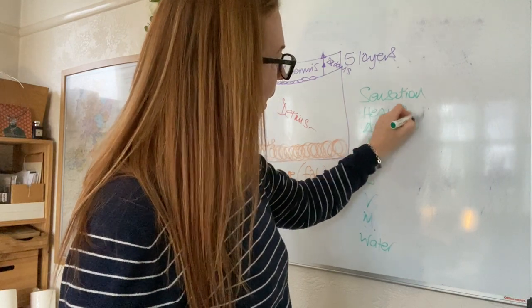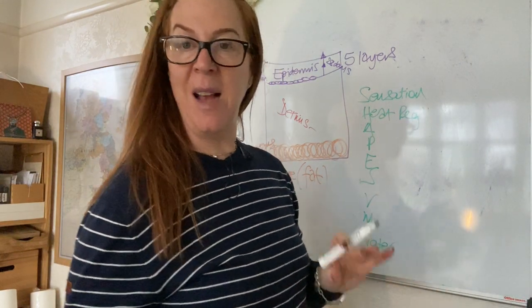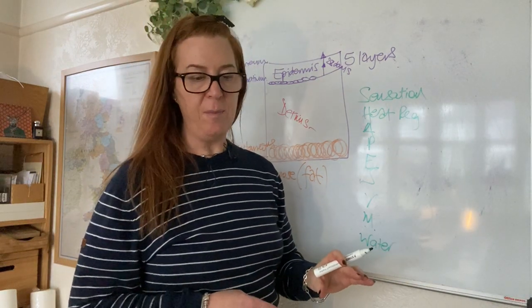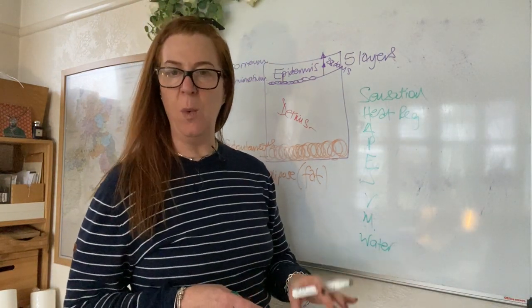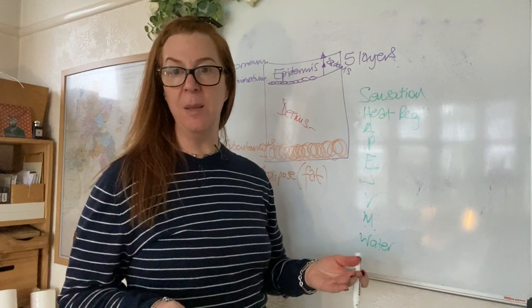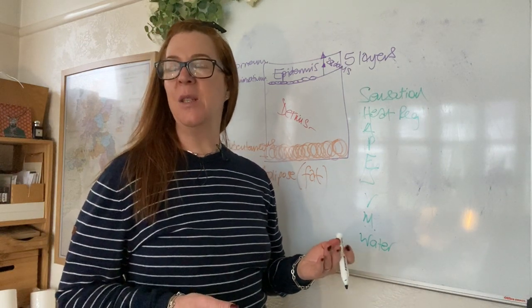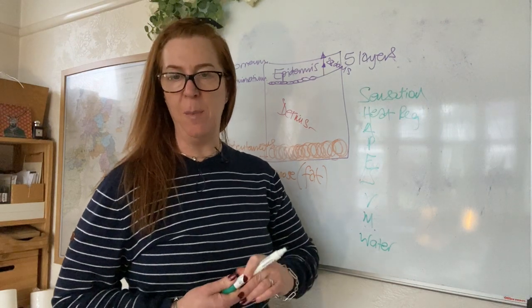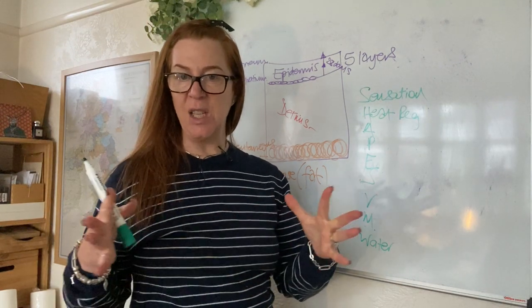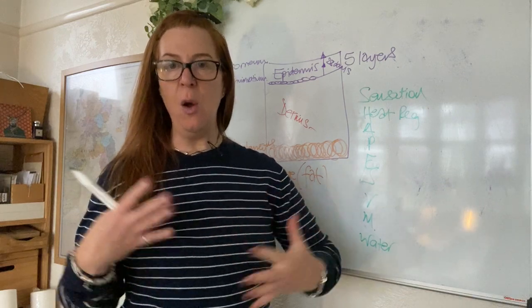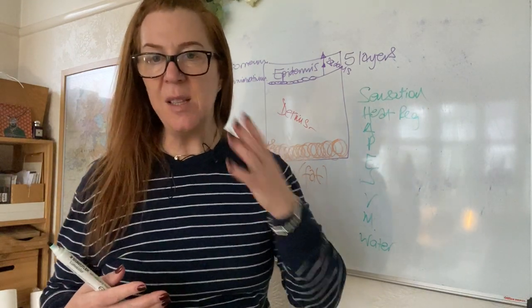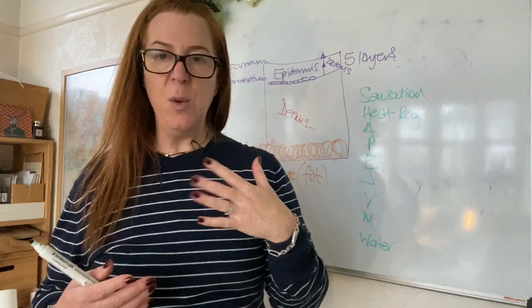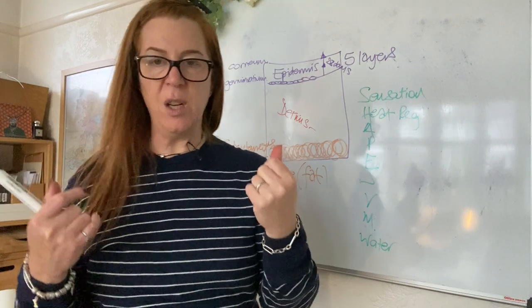I'll just put heat regulation there. And that is our vasoconstriction and vasodilation. The word vaso is blood vessels. And when you're hot, you have vasodilation, where the blood vessels dilate and open, sending a lot of blood to the surface of the skin, and therefore you become quite hot and flushed and red.